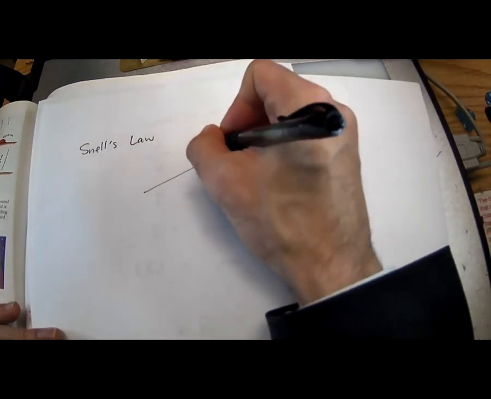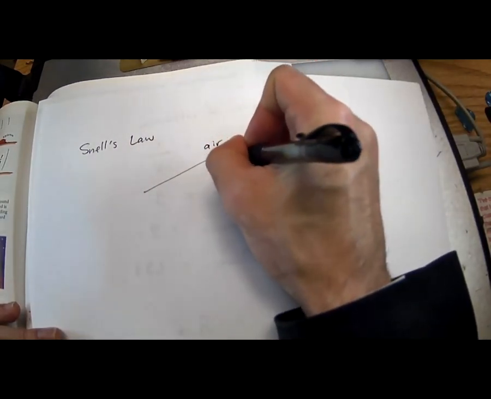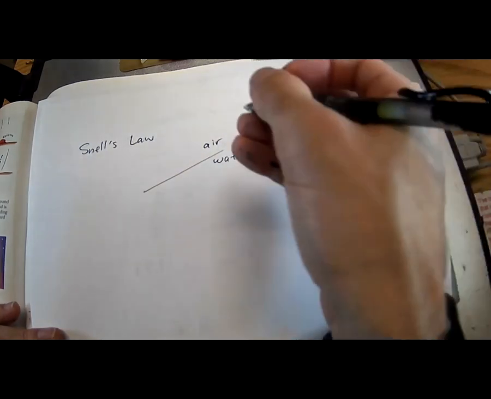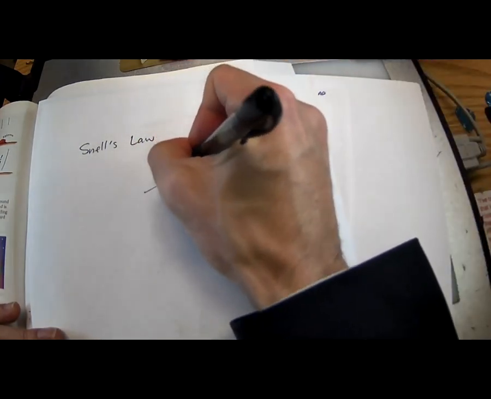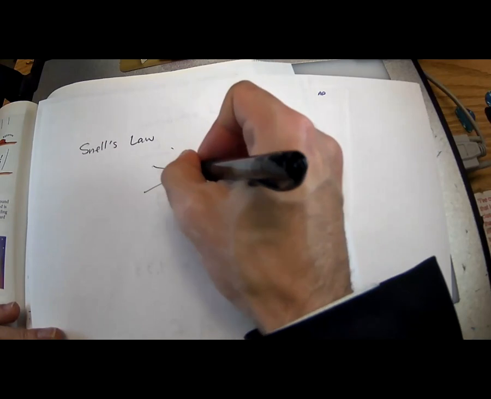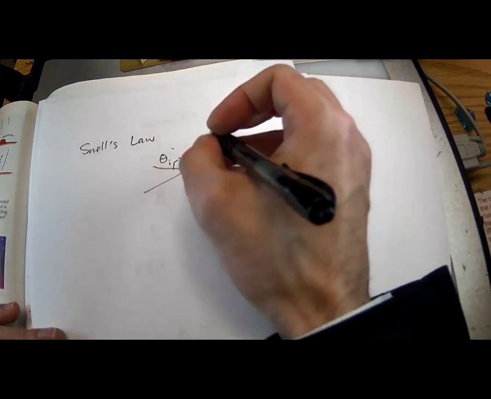What Snell's law says, let me draw a picture real fast. Let's say you have air versus water, or two materials, material one, material two. Here's the perpendicular line, here's the ray, here's theta incident and theta refracted.